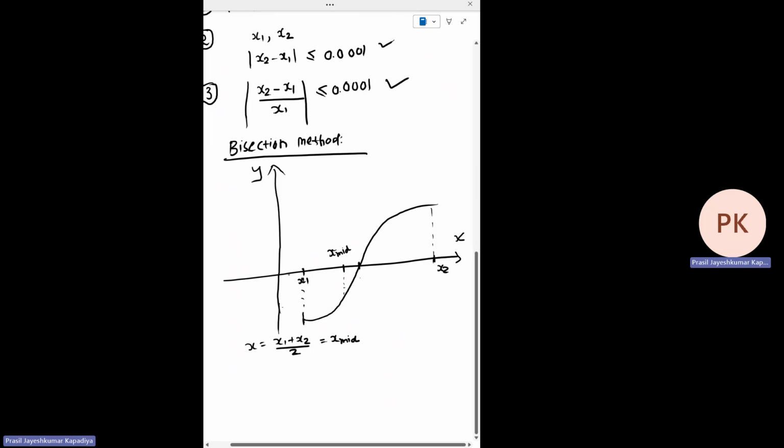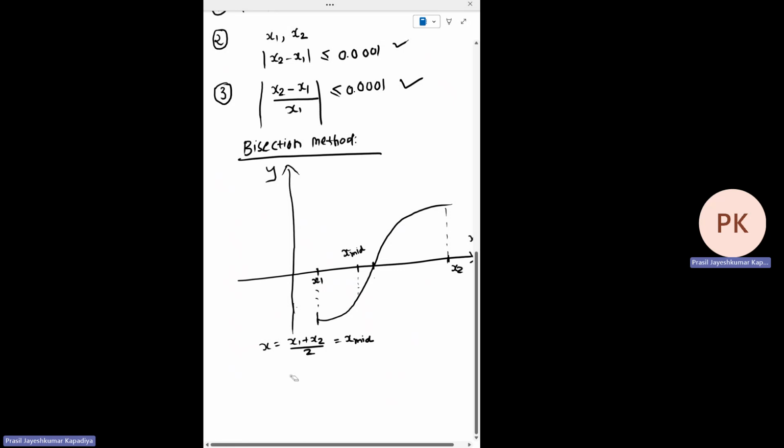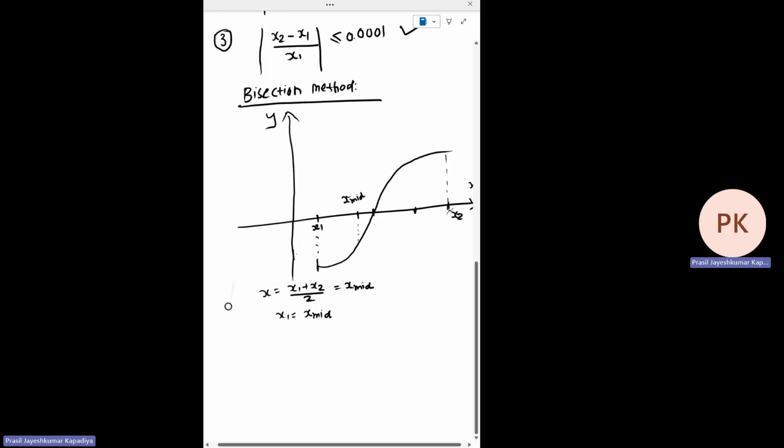So we can forget the x1 point and take x mid as our new x1, and again find x mid as x1 plus x2 by 2. Let's say I got my midpoint here. Next I will find my solution between here and here, and forget this point. This is how the bisection method works.